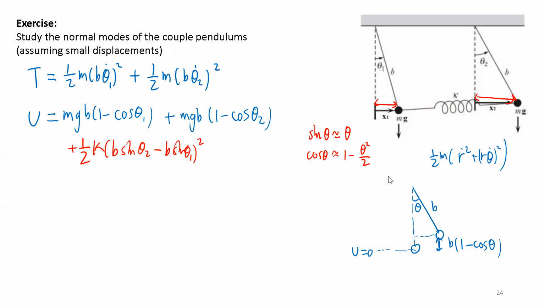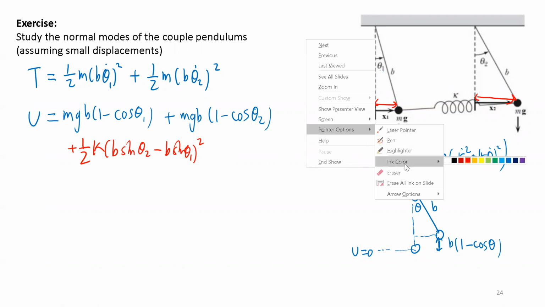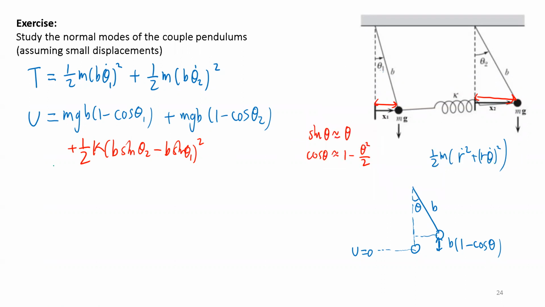So the potential energy is roughly equal to mgb, where 1 minus cosine theta 1 is roughly theta 1 squared divided by 2. Similarly, this one is roughly theta 2 squared divided by 2.